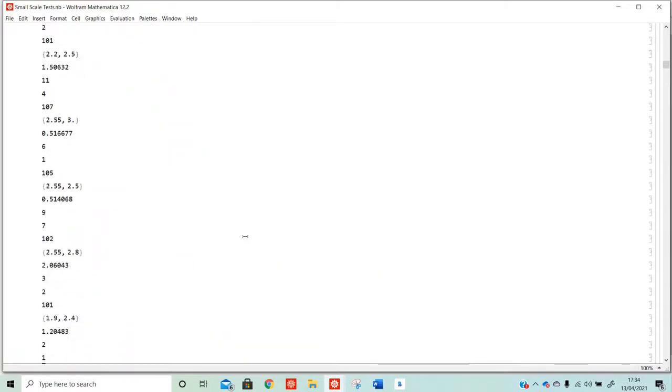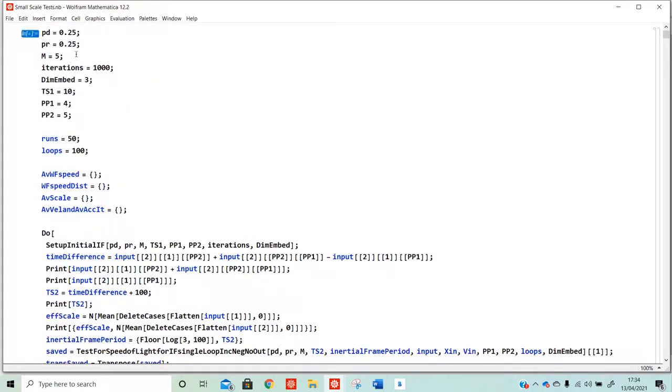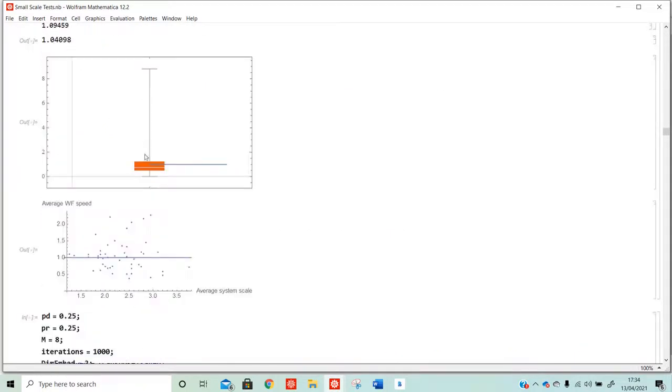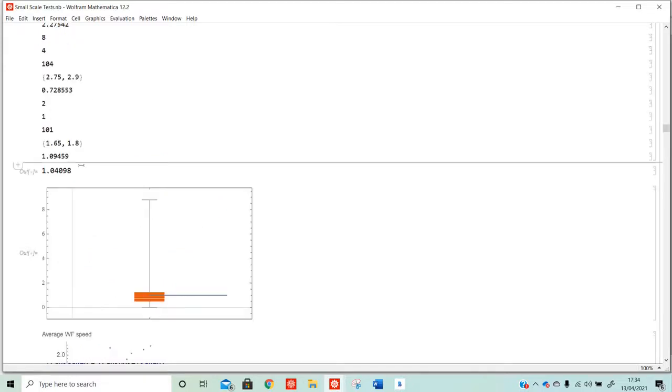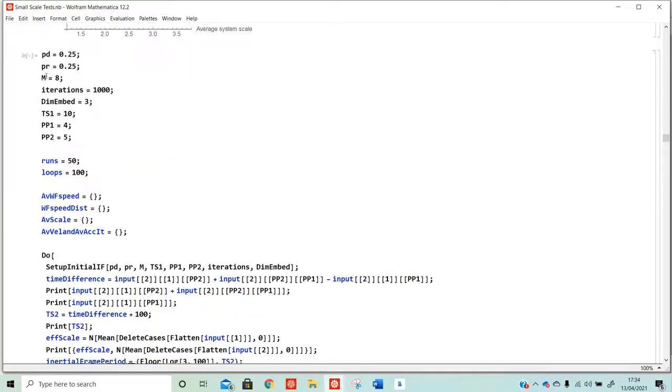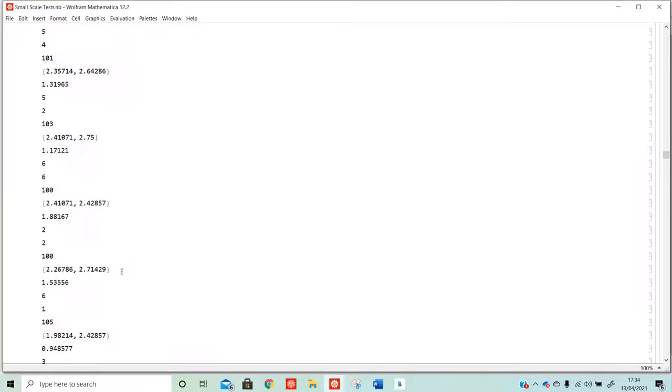Now I wanted to see what the difference was for increasing the number of point particles in the system for a small number of time steps, and so we did it for 5, and we get an average quite close to 1, and a median and interquartile range here. Then if I increase to 8 point particles, we go down.